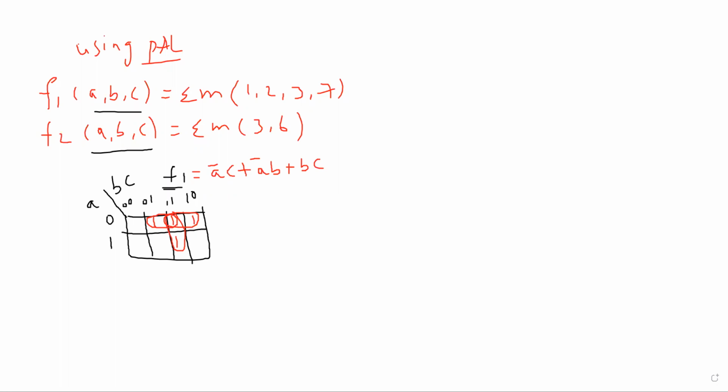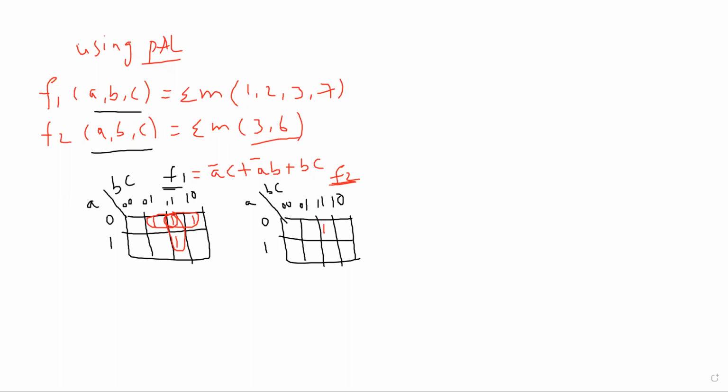Similarly, the Boolean expression for f2. Now I'm going to obtain the Boolean expression for the second function, that is f2. What is the position of f2? 3 and 6: 0, 1, 2, this is 3, 4, 5, this is 6. It is having isolated ones.